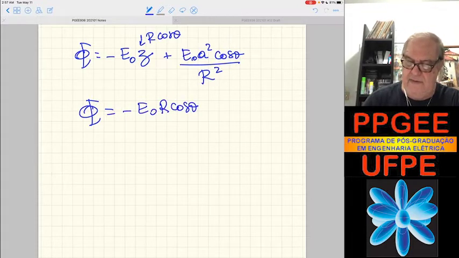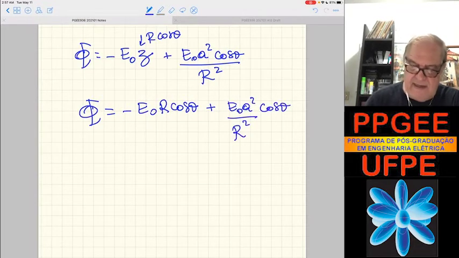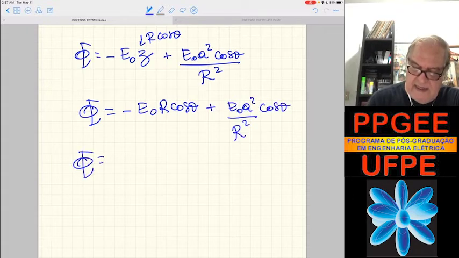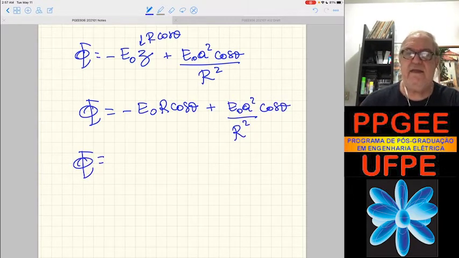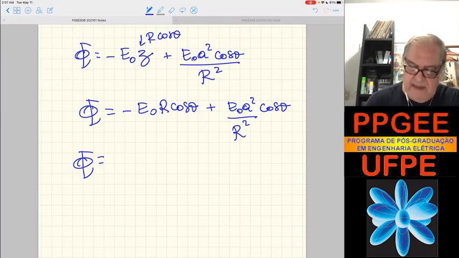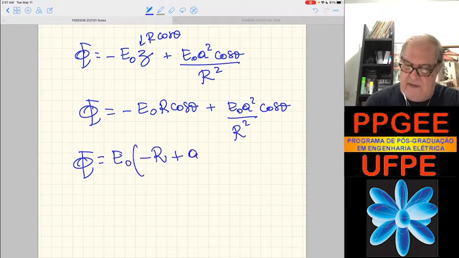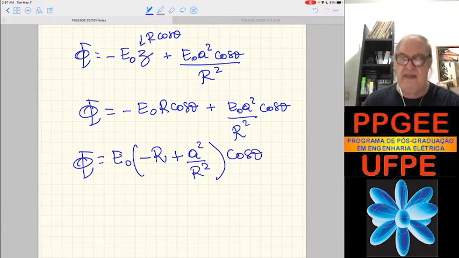I can rewrite it like this: E0 times minus r plus a squared over r squared, times cosine theta. So you can see that this is exactly the solution.